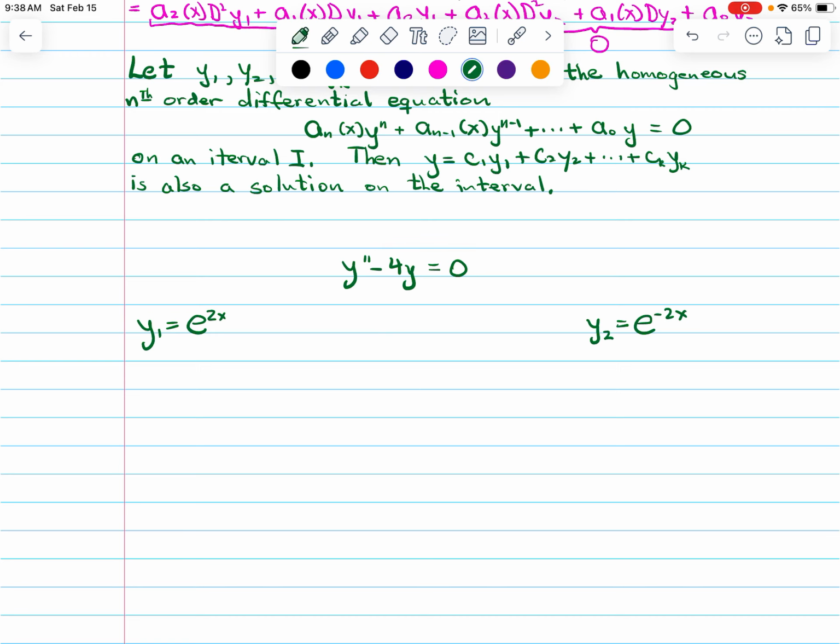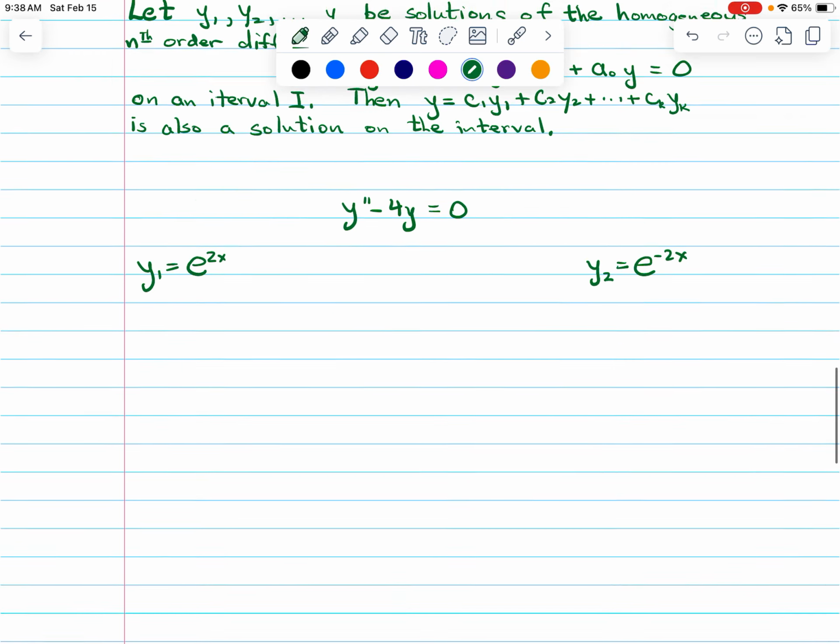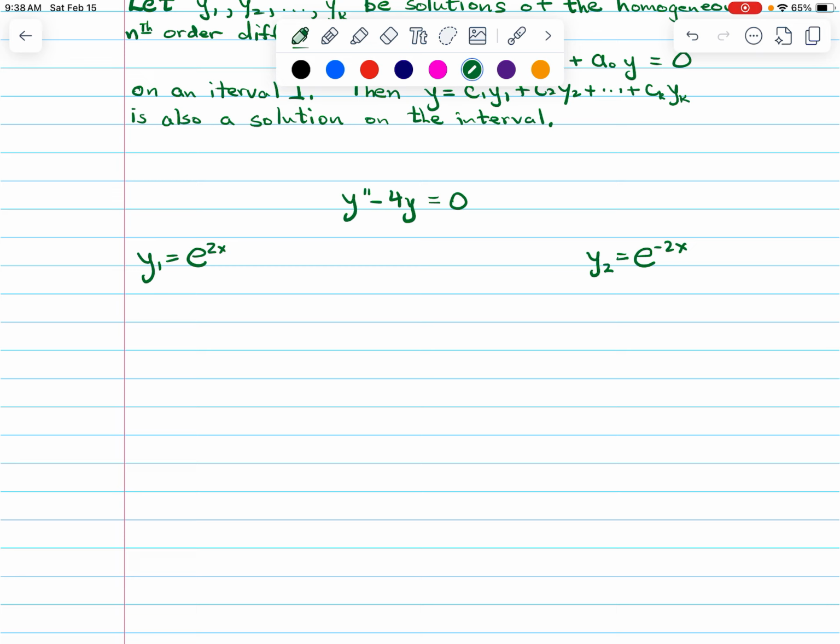This is a second order differential equation, and we're saying that y1 is a solution. Let's see if it is. Let's differentiate y1. If I take the first derivative, I get 2e to the 2x. And if I take the second derivative, I get 4e to the 2x. And let's see if that's a solution.